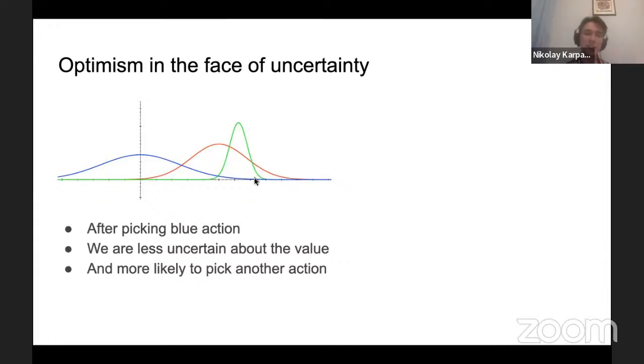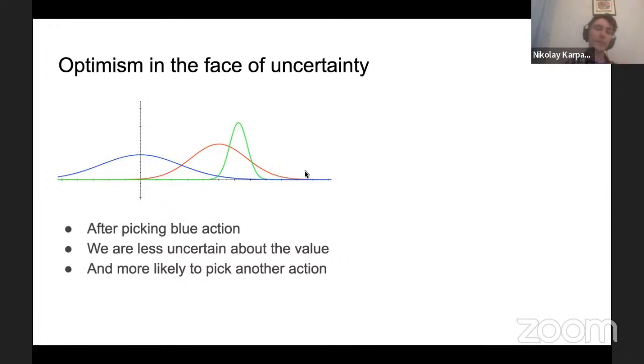So, for instance, we could draw 95% percentiles from these three samples, from the green one, from the red one, and from the blue one, and compare them with each other. So probably the 95th percentile would be the greatest for the red distribution, and in the strategy, we would select the red one, the red action.